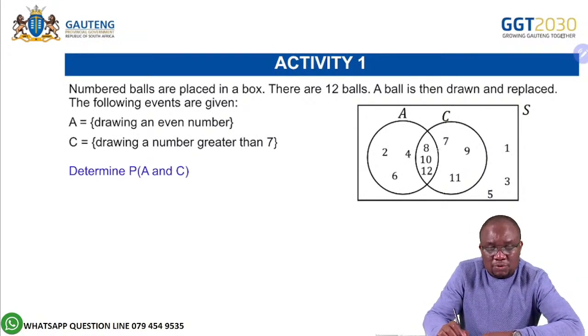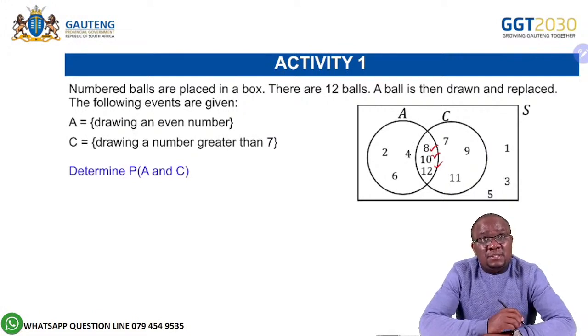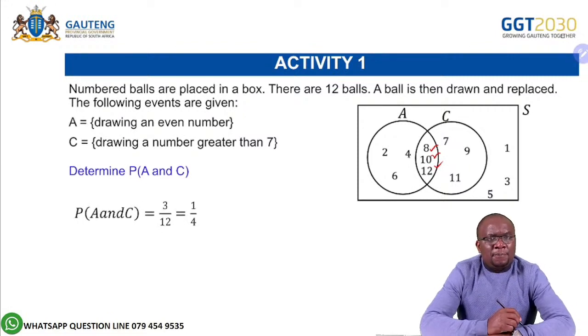Now, how many items do we have in the intersection? 1, 2, 3. So it means 3 out of 12, which is 1 out of 4, right?